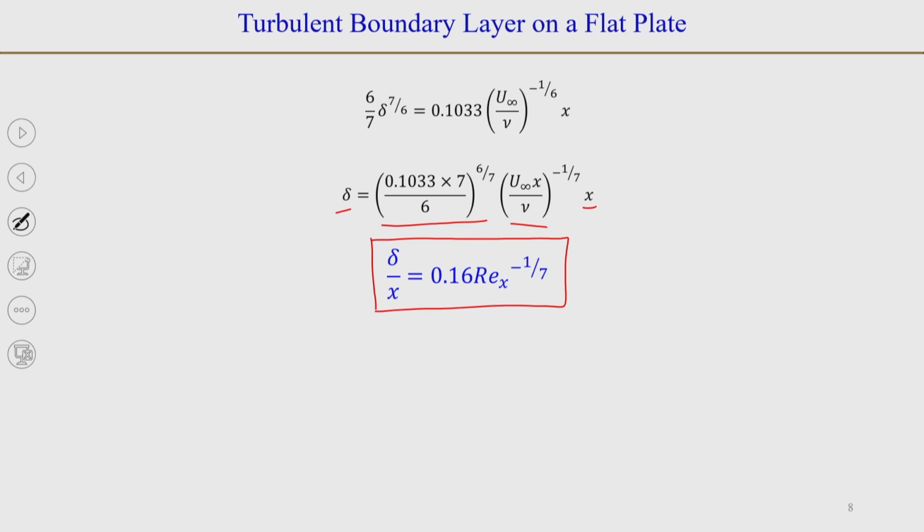The assumptions here are that the plate is smooth and the pressure gradient over the plate is 0. The other assumption is about the velocity profiles. Remember we have assumed two velocity profiles. We have assumed the power law profile to calculate momentum thickness. We have assumed the logarithmic velocity profile to assume tau w.